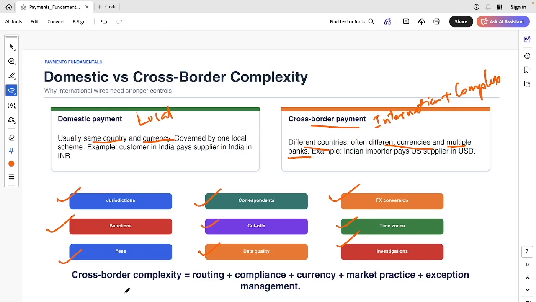In short, the complexity can be demonstrated as the combination of routing, compliance, currency, market practice, exception management. Now, in payment projects, cross-border payments require strong controls because error, delay, and compliance risk are much higher because of these layers involved in a cross-border payment.